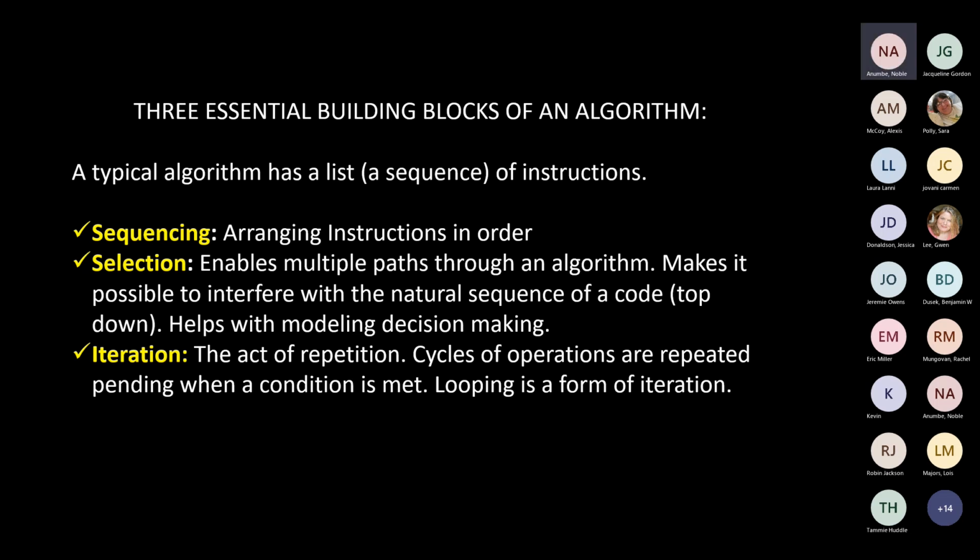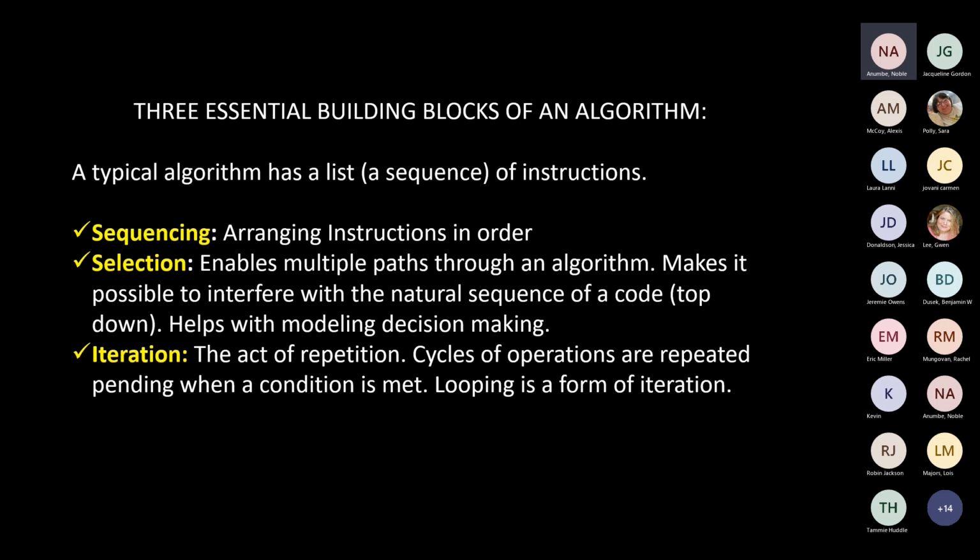Now, the second. Sequencing literally means how you arrange those instructions. Algorithms are a set of instructions. Sequencing, which is one of the characteristics of algorithms, is how you actually arrange those sequences. Then we have the second thing that's called selection.